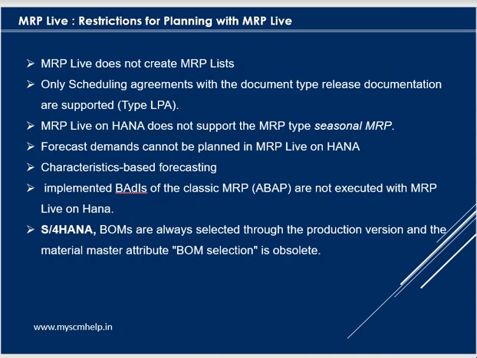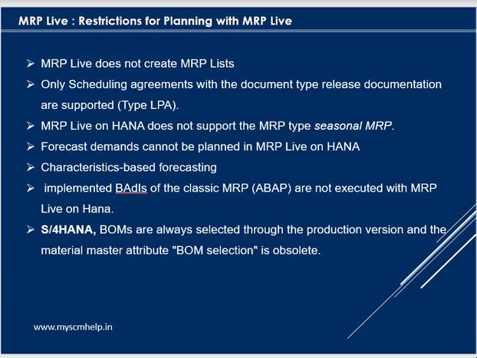The first restriction about MRP Live is that it does not create any MRP list. I think we are all aware of it. MRP Live does not create any list because earlier MRP was kind of a snapshot, and now it's not getting created, and all the transactions related to that, like MD05, MD06, and a couple of reports, are not currently available in MRP Live.